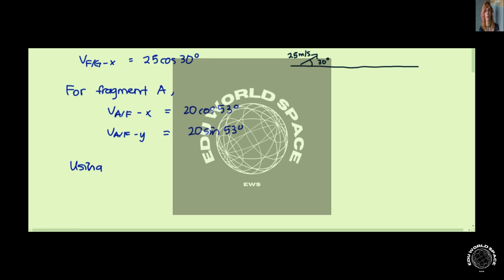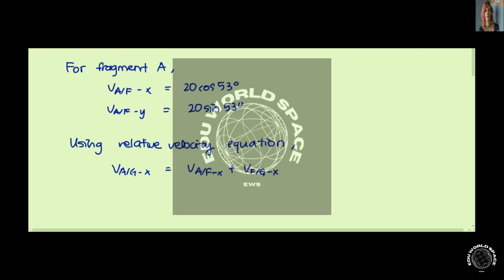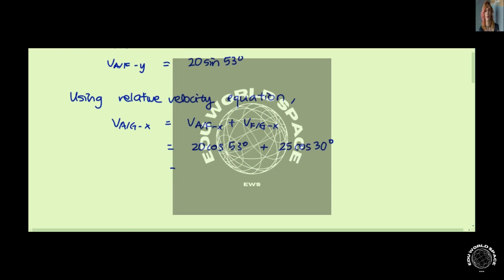Using the relative velocity equation, we have the velocity of A relative to ground for the x component is VA in the fireworks frame plus VF in the ground frame. So 20 cosine 53 degrees plus 25 cosine 30 degrees, and you get 33.7 meters per second.